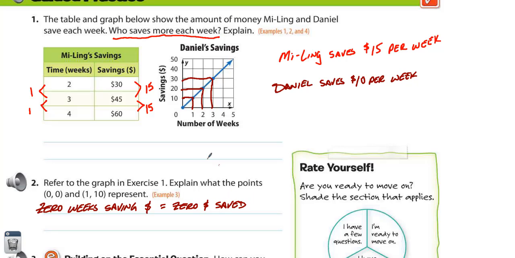All right, and how about the 1 and the 10? Well, 1 week of savings equals $10. And we know that every week Daniel saves, he's going to be saving $10.